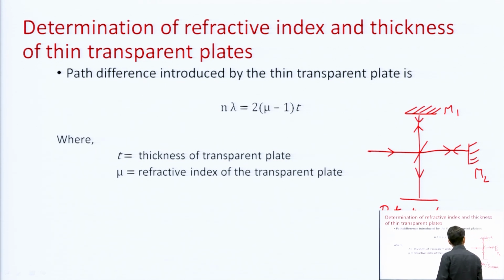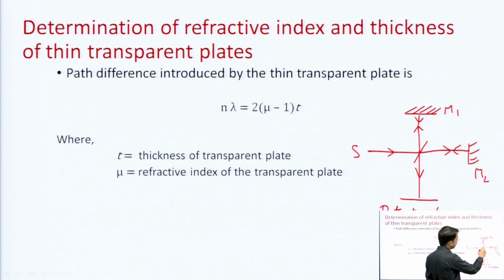So, this is a simplified construction of the Michelson interferometer. This is the monochromatic light source S. The monochromatic light is traveling in this direction, towards the right. This is a semi-transparent glass plate, with 50% transmitting and 50% reflecting properties. We keep this plate at a 45-degree angle with the incoming light.